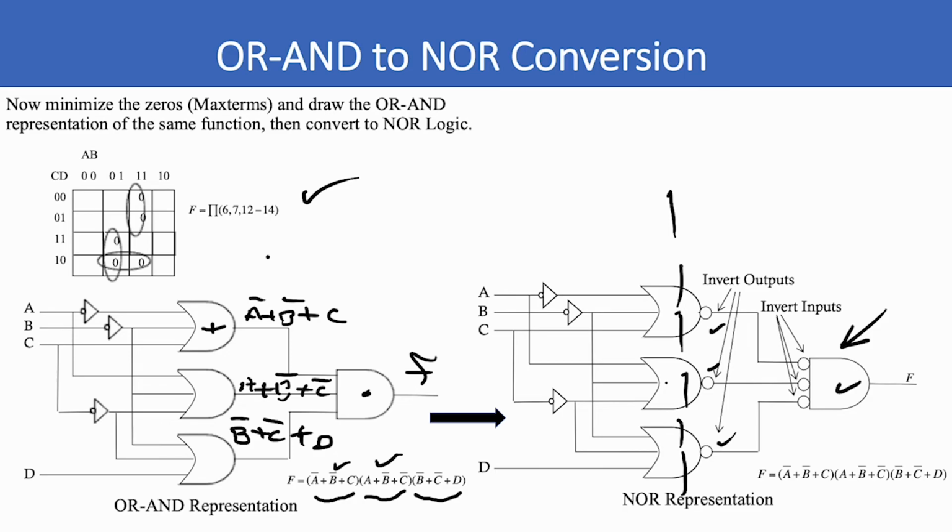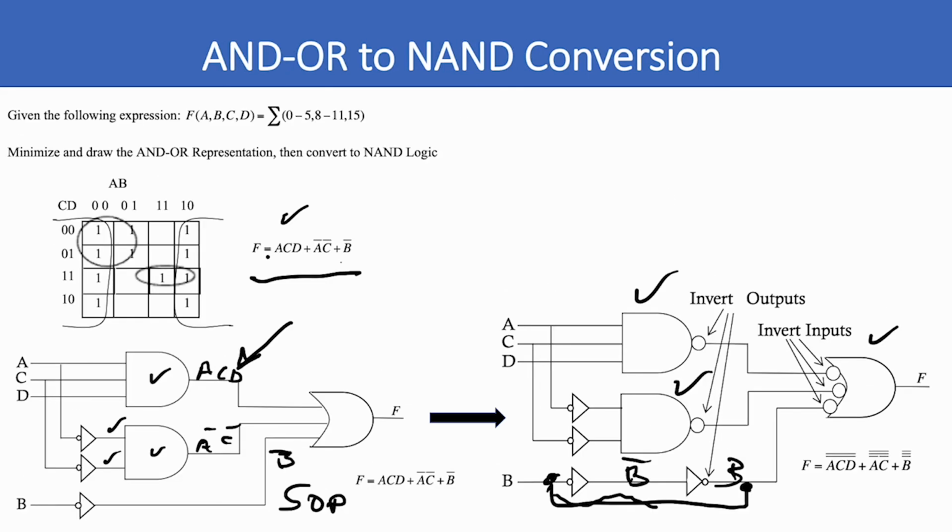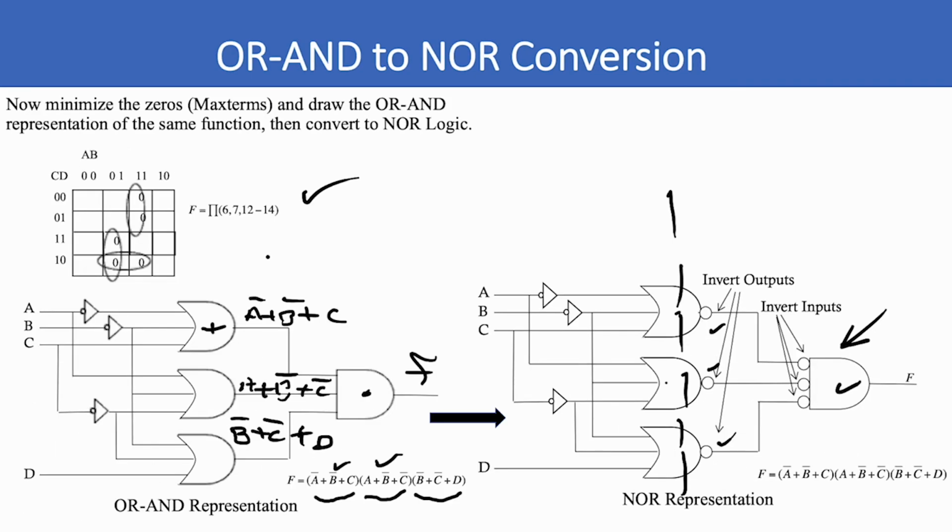So again, it doesn't really matter how you implement these functions. You're going to get a minimal implementation when you use either NAND gates or NOR gates. Generally, the NAND gate is more common in FPGAs and gate arrays. You have more NAND gates available than NOR gates. So it just depends on your circuitry that you're going to use to implement your particular functions.